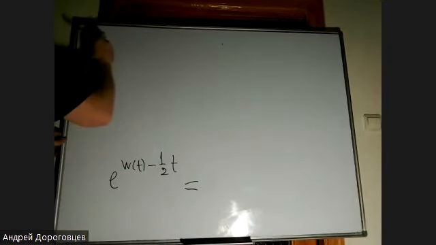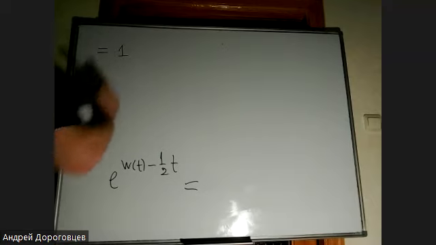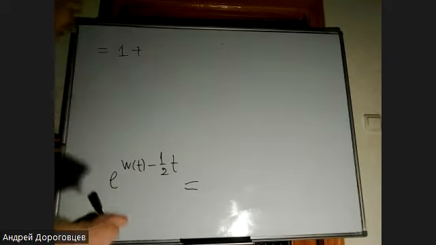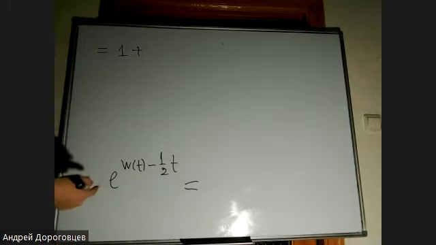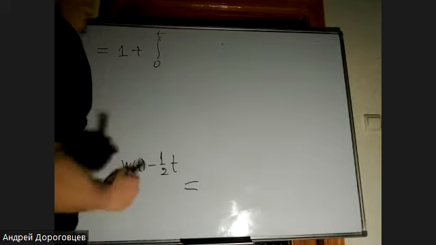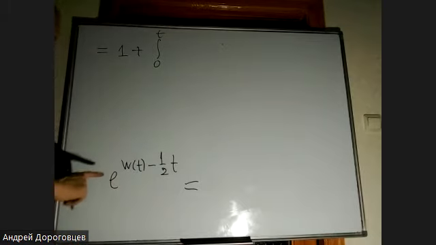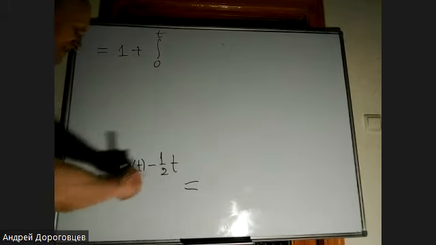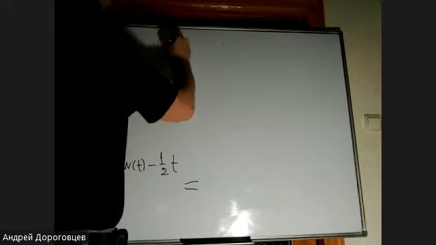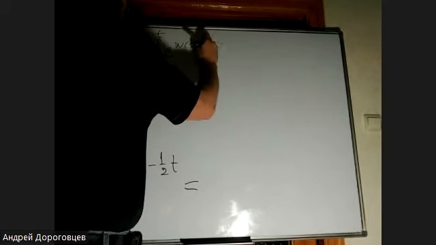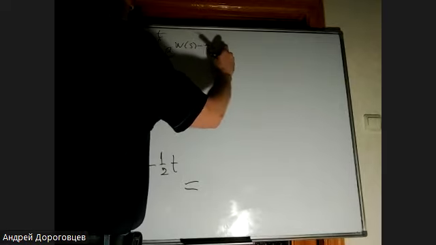What will we get? We will get the following relation. It will be equal to 1, this is the value at the point 0, plus, first of all, we have to put here the integral from 0 to t, then the derivative with respect to w of this expression. It is the same: e to the W_s minus 1/2 of s, dW.